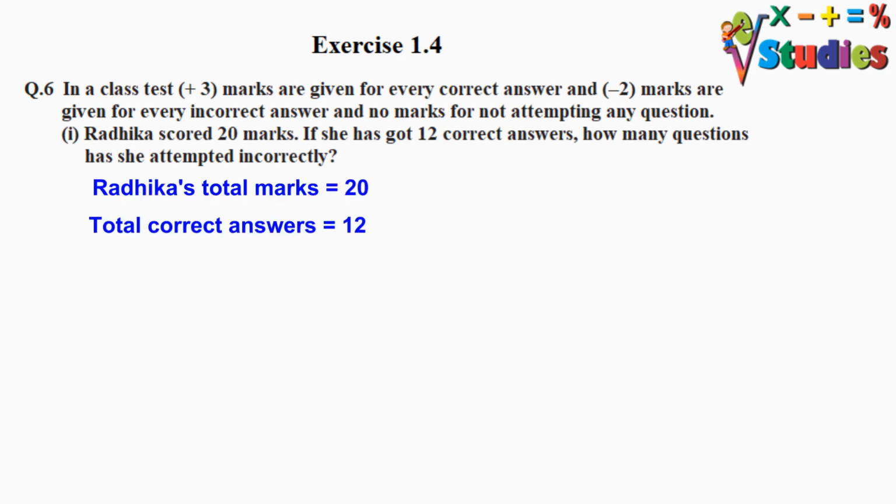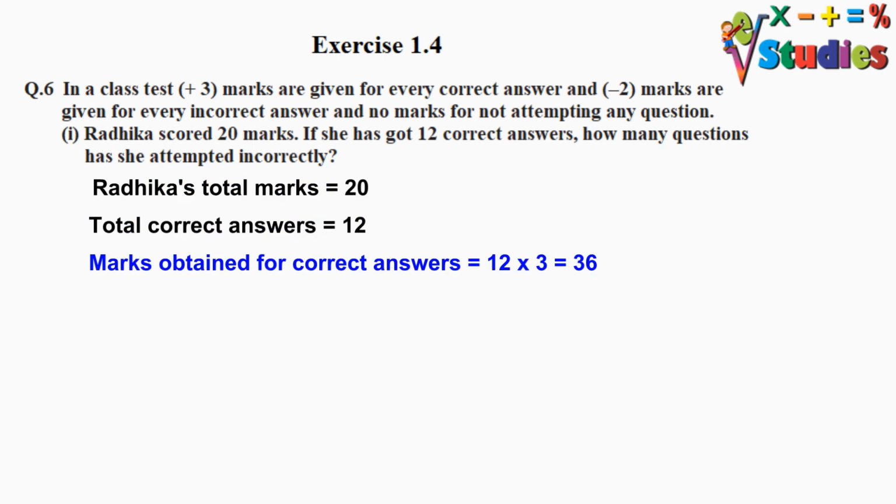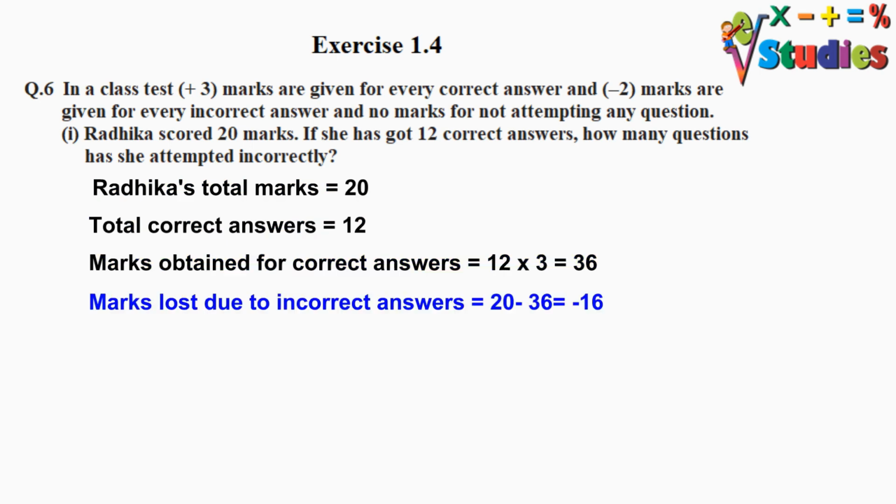Here we have Radhika's total marks are 20, and total correct answers she has given are 12. So marks obtained for correct answers is equal to 12 multiplied by 3, which gives us 36 marks. Once we have found the marks obtained by correct answers, we can find out the marks lost due to incorrect answers.